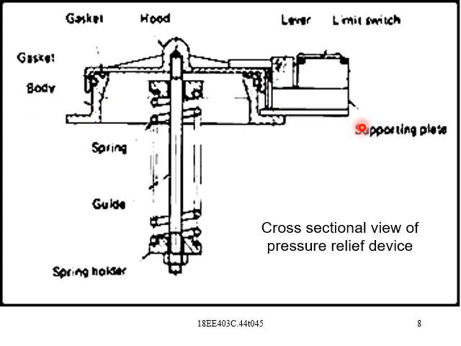This is the body, the supporting plate, levers, limit switch, hood, gasket. These are the gasket, a spring, gland, nothing but the tube, spring, hoses.